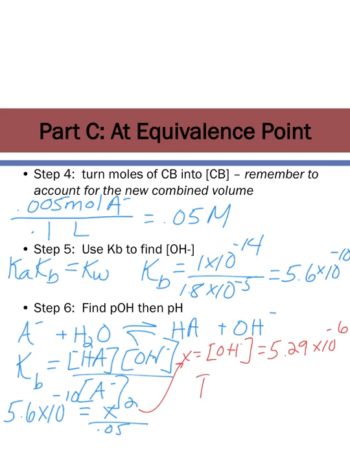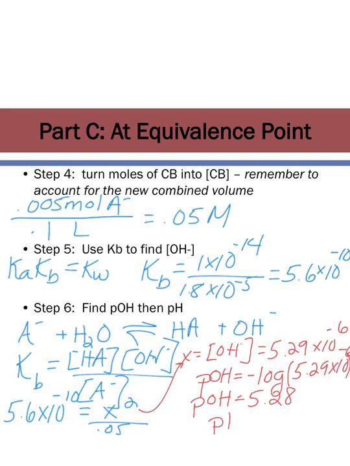All right, from OH, we can get pOH. So then we do the negative log of that answer that we just got. And that gives us a pOH of 5.28.